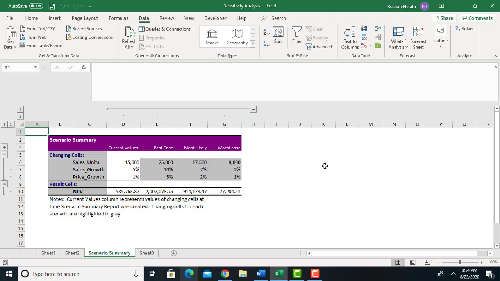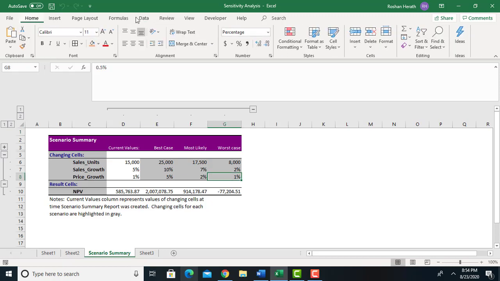See, under different circumstances, you've been given the NPV values. These are the current values, the existing one, the best case, most likely case, and worst case. Here you can see that they have rounded that particular value. So just to check these values. Yeah, it's fine, right? Everything is perfect.